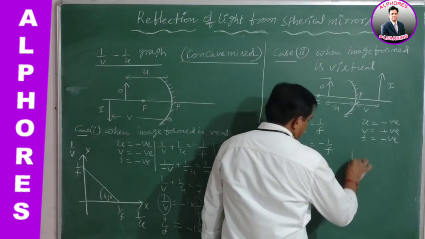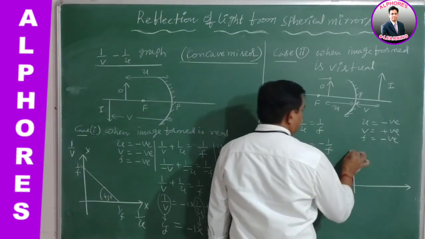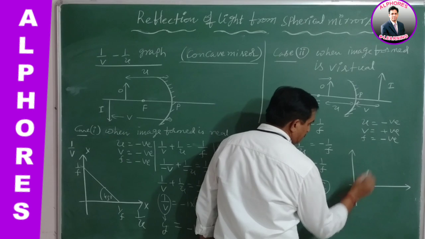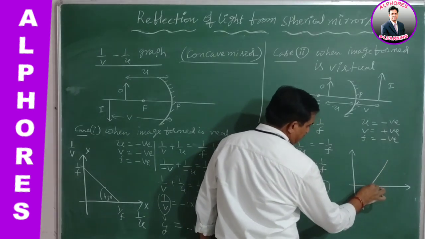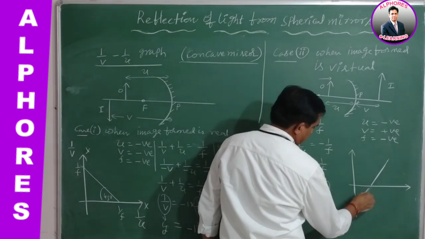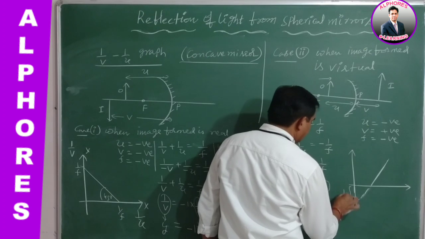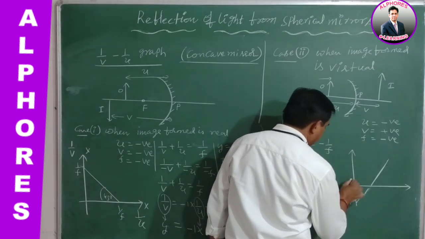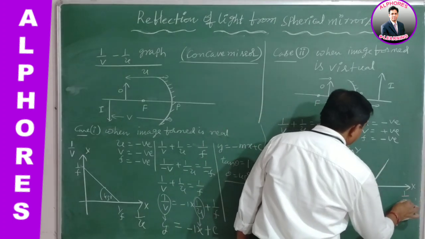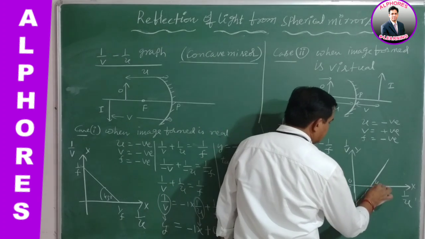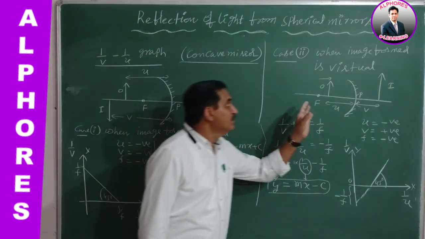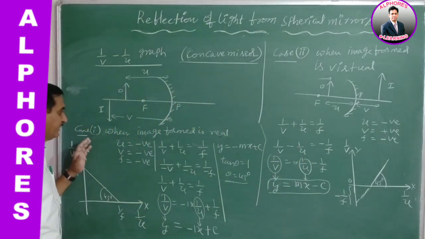This is 1 by f minus 1 by f, which is 0. 1 by v is on the y-axis and 1 by u on the x-axis. Here it is 45 degrees. This is the nature of the graph when the image formed is virtual, as opposed to when the image formed is real.